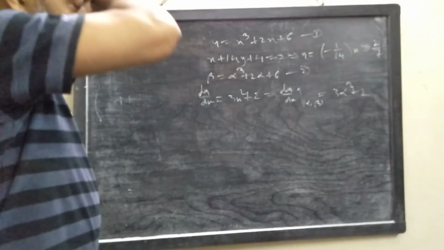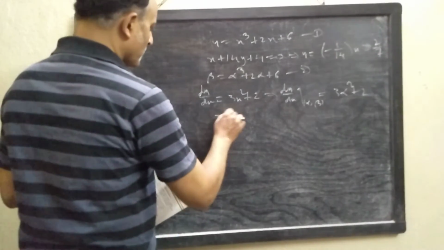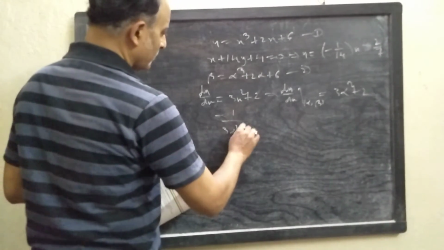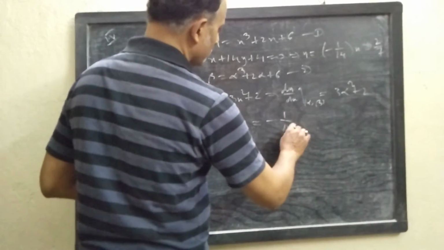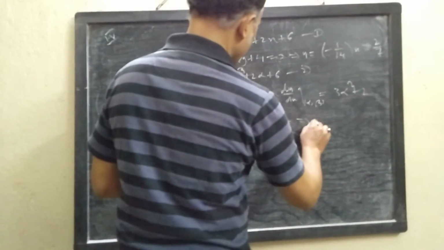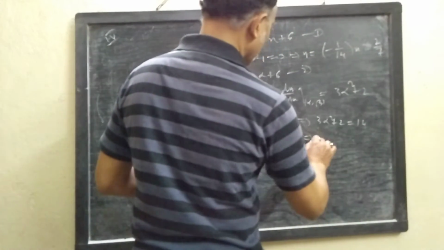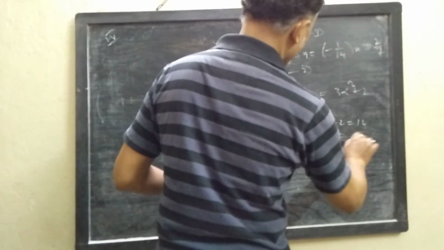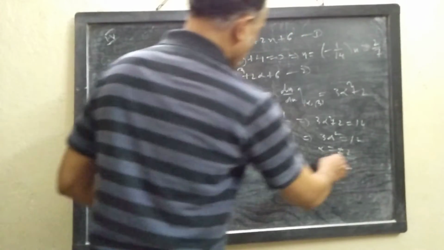As the concern here is the normal, the slope of the normal will be minus 1 by (3 alpha square plus 2). That should be equal to minus 1 by 14 according to the question. That implies 3 alpha square plus 2 equals 14, so 3 alpha square equals 12. Alpha square is 4, so alpha should be plus or minus 2.